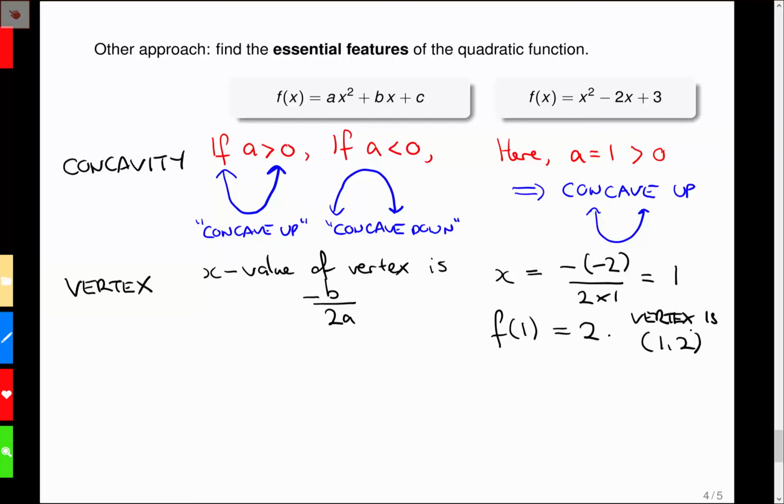Thirdly, it will be useful to know the y-intercept, which is where the graph will intersect the y-axis. The key observation here is, when you're on the y-axis, the x value will always be 0. Thus the y-intercept is simply given by the function when evaluated at 0.